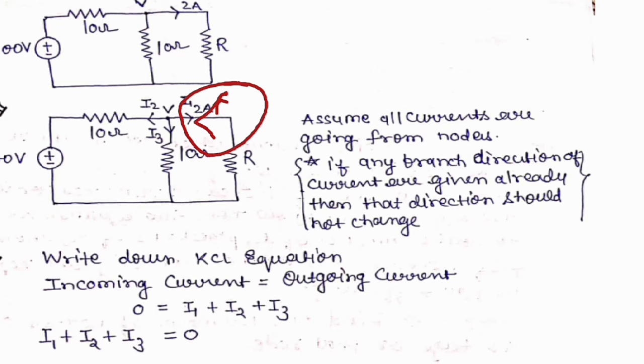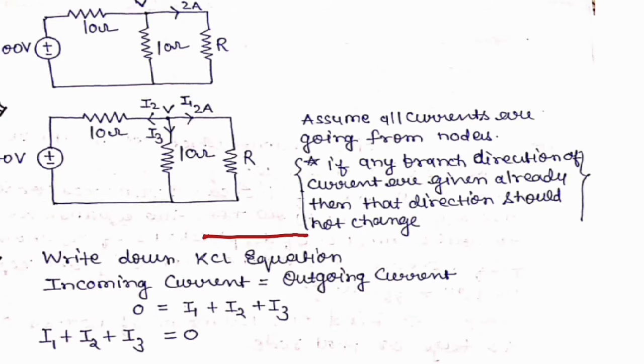That means if any branch current direction is already given, then that direction should not be changed. Other branches you can choose as you see fit, but if some branch declares its current direction, you have to follow it.